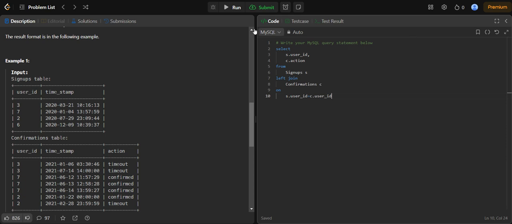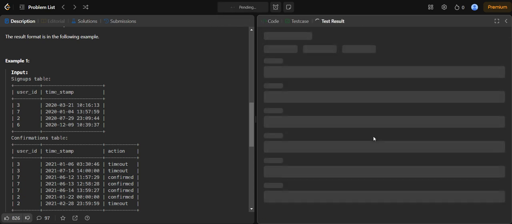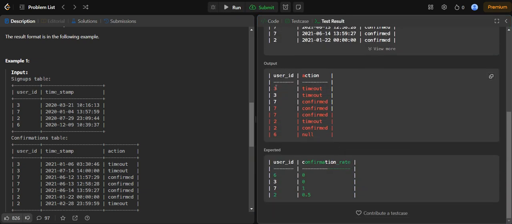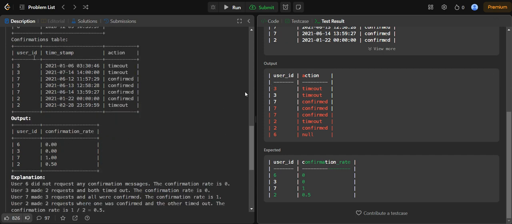Let me show you the table of this query. Now, where is my output? This is the one. In the confirmation table, user ID 3 was 2 times.